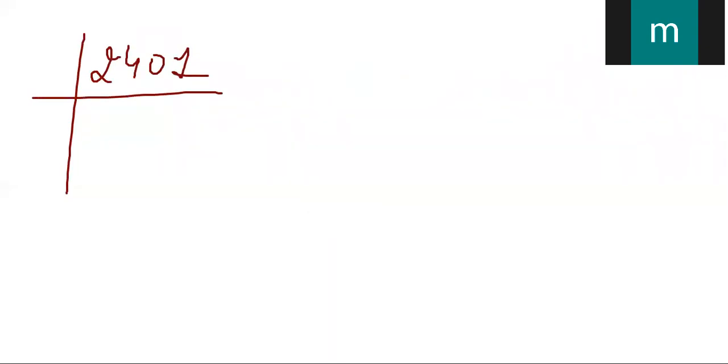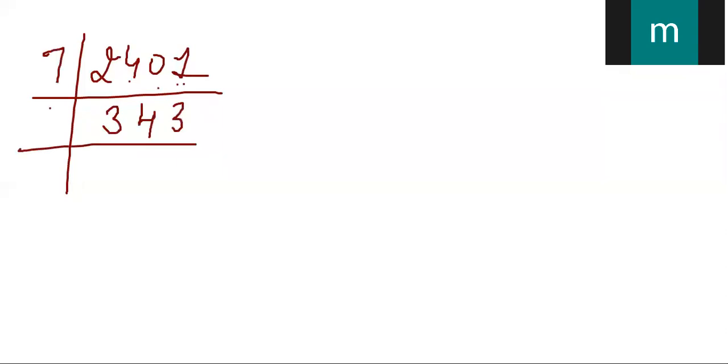By which number will it be divided? 2, 3, 5 or 7. It will not be divided by 3. Even है नहीं, 2 पे तो जाएगा नहीं. Then 3, no. 4, again it's not even. 5, it will not be divisible by 5 also. Then 6, no, it's not even. 7 check करते हैं. 7 3s are 21, 3 left. 7 4s are 28, 2 left. 7 3s are 21.